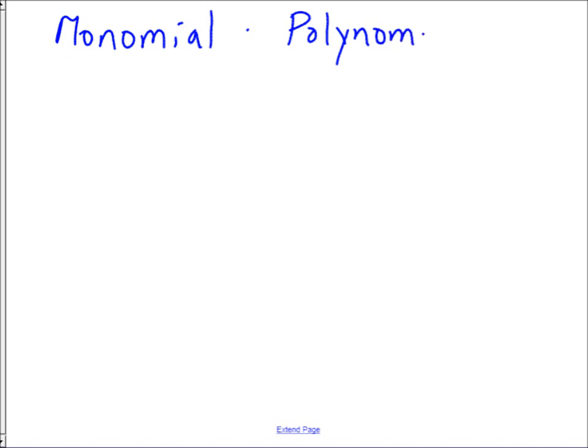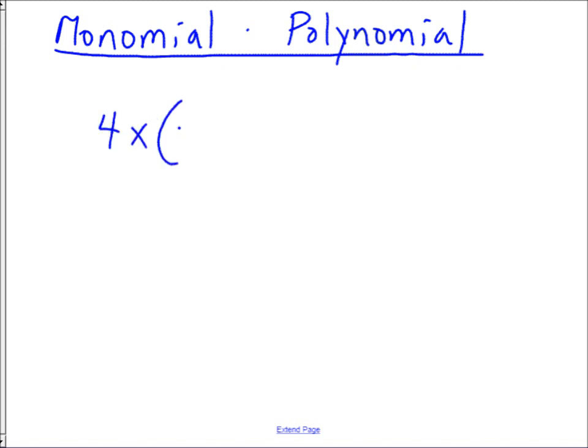So for our first example, we're going to be multiplying a monomial times a polynomial of any size. So for example, let's say we have 4x times -5x squared minus 3x.